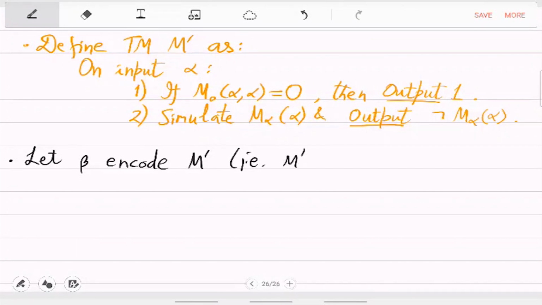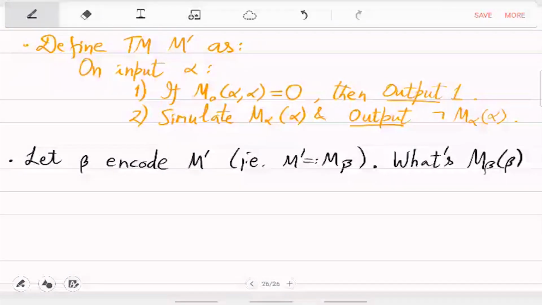That is, M prime is M beta. And ask the question, what will M beta do on itself? That's the question which will lead to a big insight.